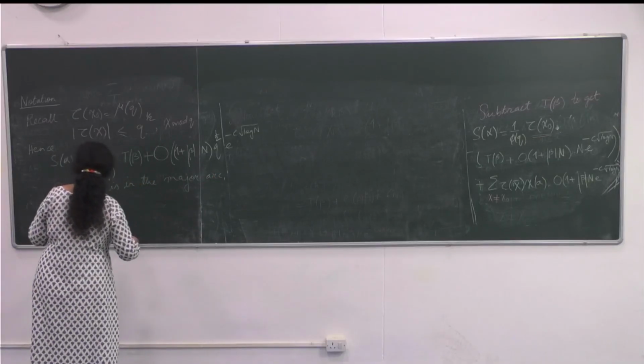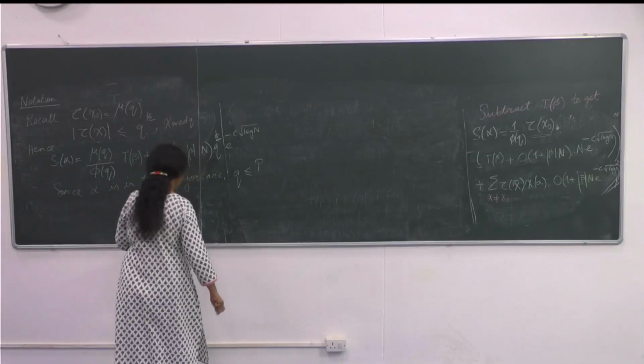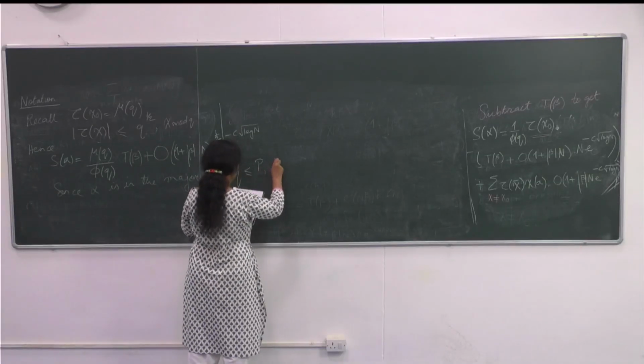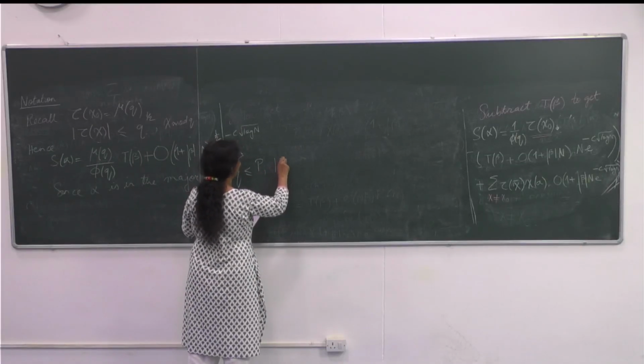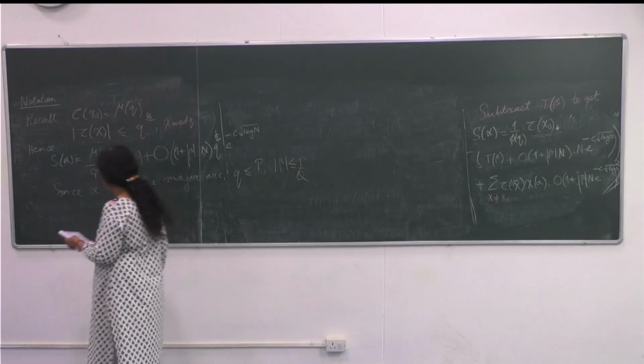I've taken all q which is less than or equal to P, and my beta which is less than or equal to 1 by Q. Remember, this is how it was constructed.